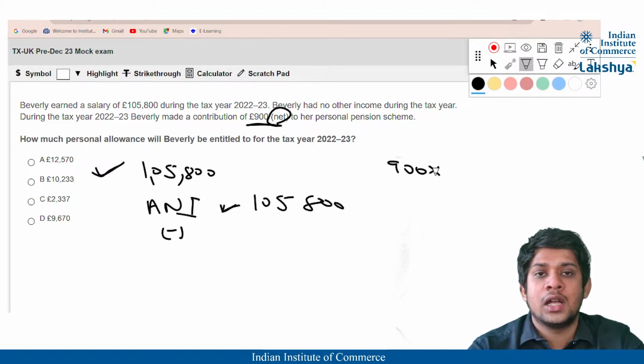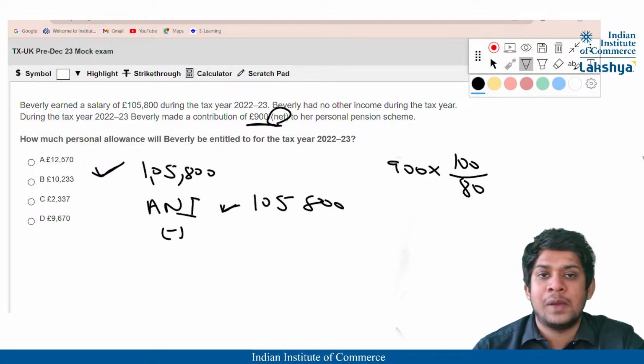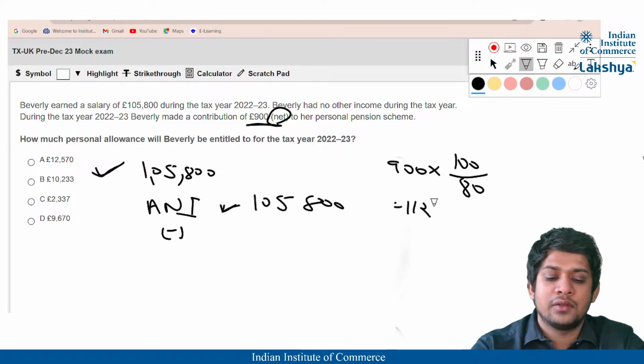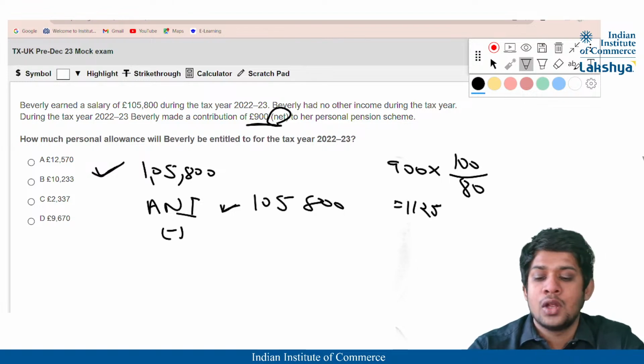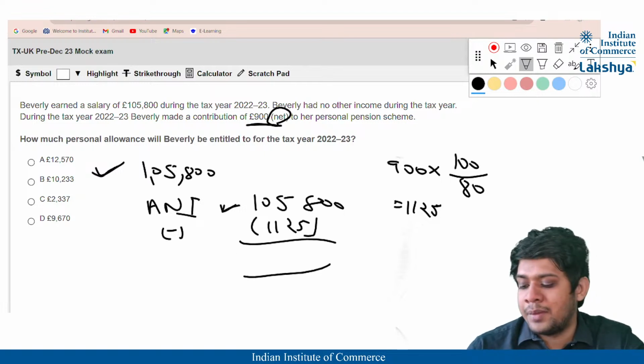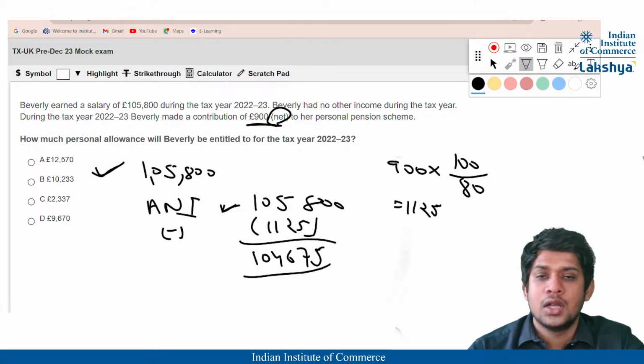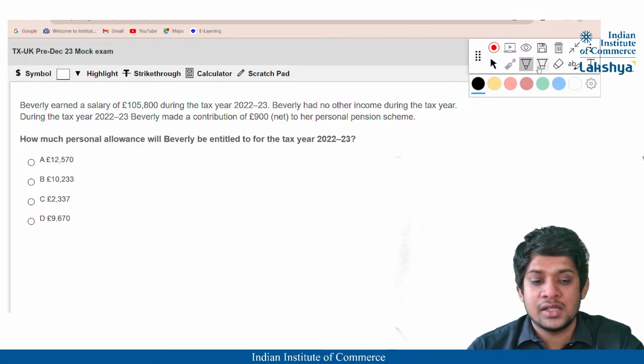So you will get a deduction of 100 divided by 80, because 20% is paid by HMRC. So 900 into 100 divided by 80 gives you 1,125. So 1,125 will be reduced and thus my adjusted net income will become 104,675.